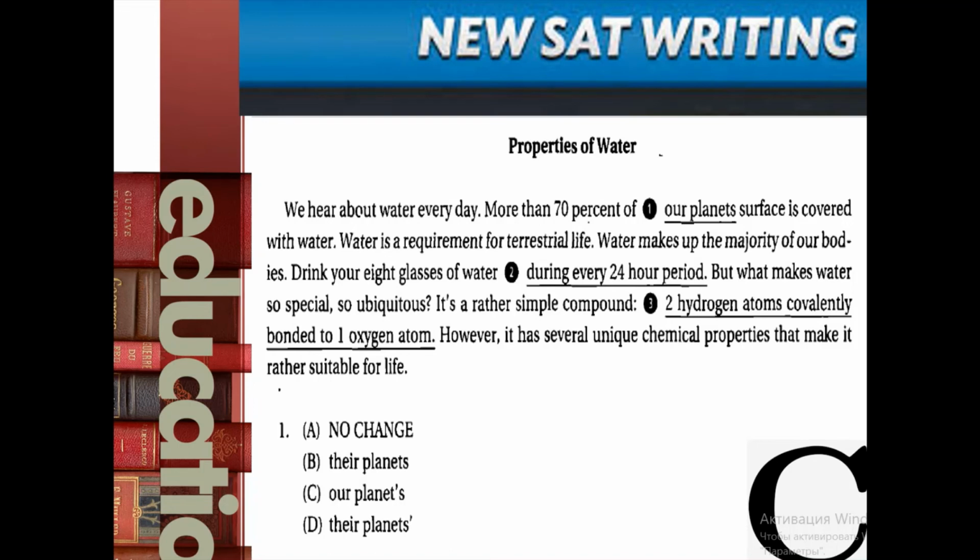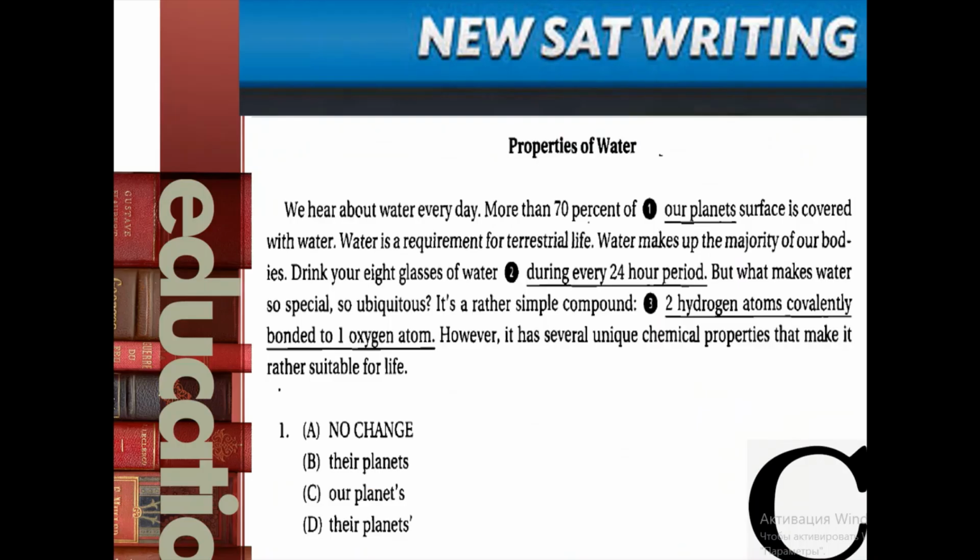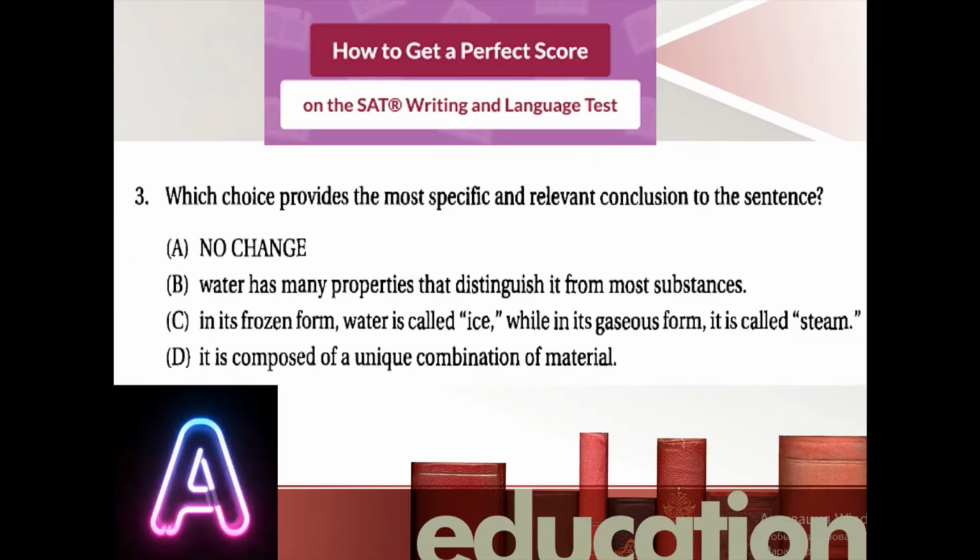Okay, we've eliminated them. Choice B gives no clarification of the properties that distinguish water, right? Yes, it is right. And choice D provides no elaboration on the unique combination of material that water is.